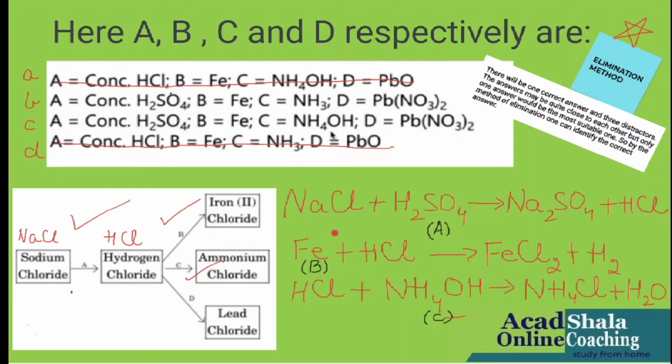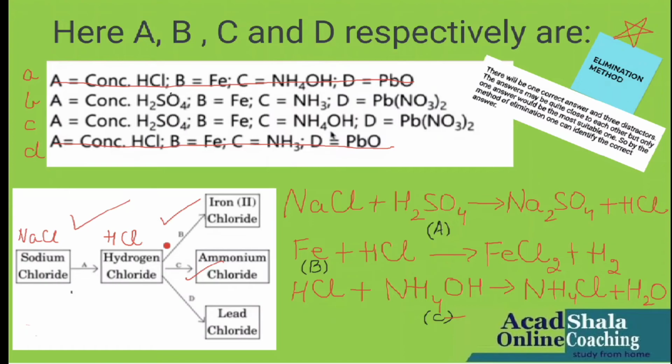To make it pakka, I will think that HCl reacts with lead nitrate, forming lead chloride and nitric acid. This makes your whole answer done.